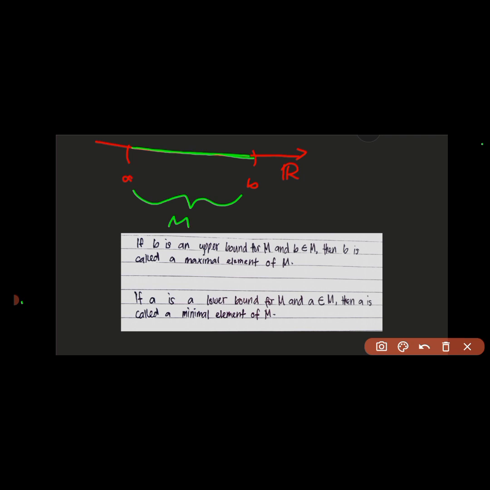We have the same numbers as before, from A to B, where everything between A and B is the set M. So if B is an upper bound for M and B is an element of M, then B is called a maximal element of M. And if A is a lower bound for M, and A is an element of M, then A is called a minimal element of M.